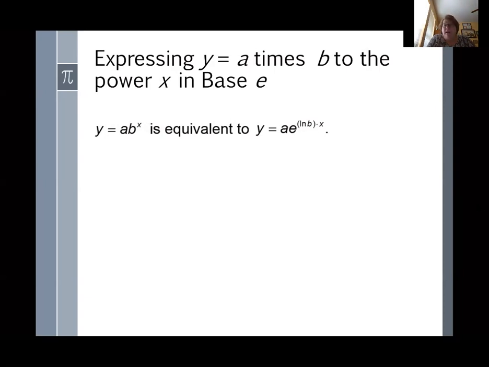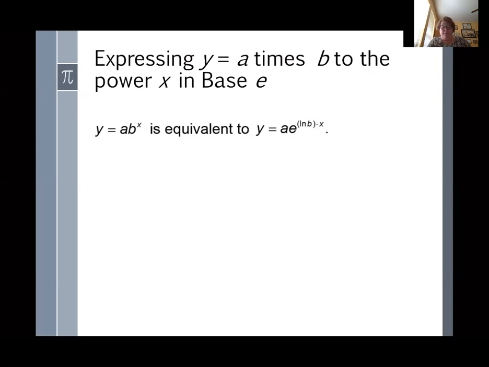The way we do that is we write it as y equals a times e to the natural log of b times x. Do you see what we did there? We replaced the base b with e, and then in the exponent, we place the natural log of that original base times our variable. So it's quite easy to do.